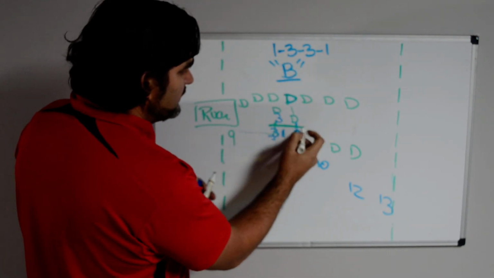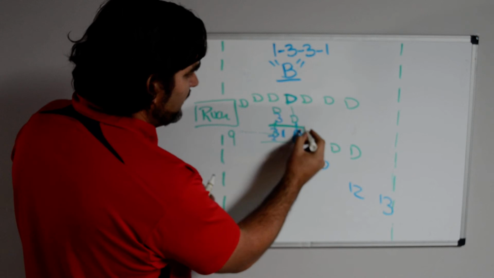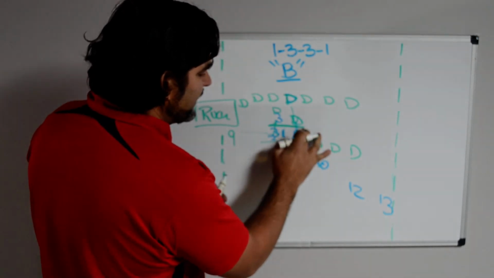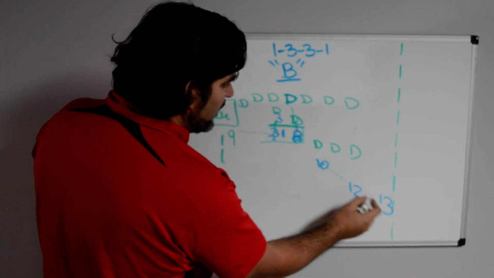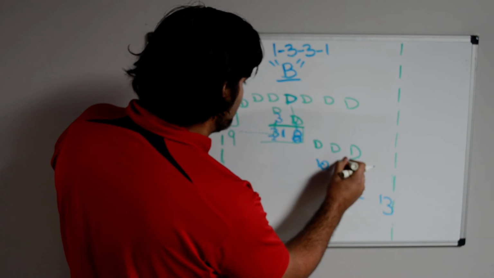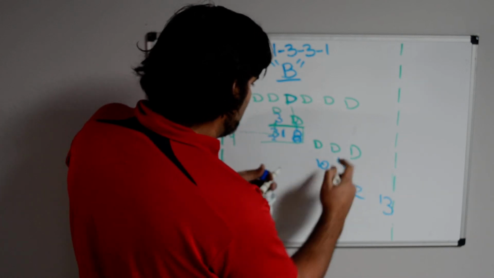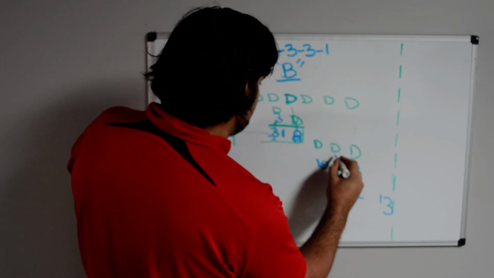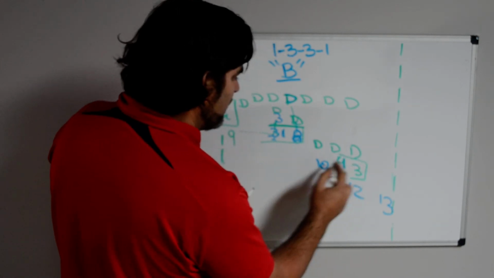We are blocking these defenders right here. We're encapsulating them. This is the last defender, and this is the first one. Here's your vertical gap. We have the option to keep running with the backline, or we also have the option to run with the second part of forwards. I think it was a 4, a lock, one of the props, and a blindside flanker. You may have these options.